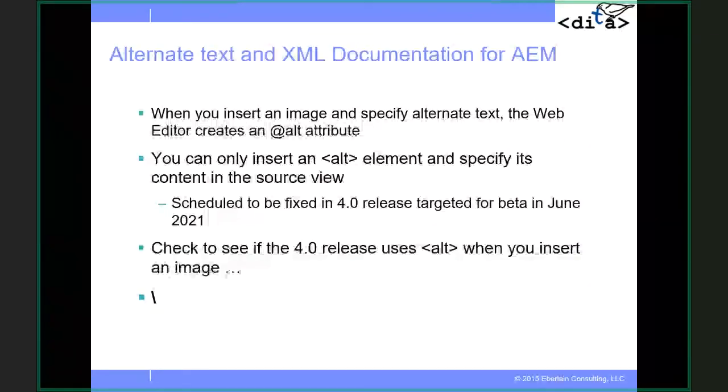The only way you can insert an alt element is to do it in the source view in the editor. But this is scheduled to be fixed in the 4.0 release that is coming out in June. So just to let you know, Adobe and AEM are aware of this, and it will be fixed.